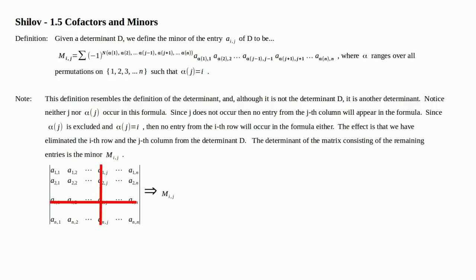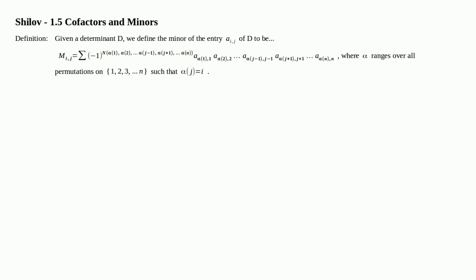You cross off the ith row and the jth column, and then what's left, that's your minor. However, for the purpose of doing proofs, we'll have to use the terse definition that's less practical to use to make calculations, but is more useful in constructing proofs. And that's just the way it goes. So anyway, moving on.